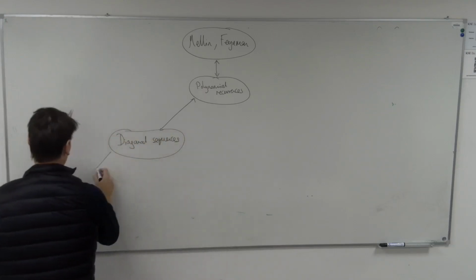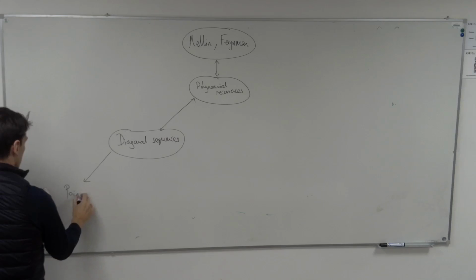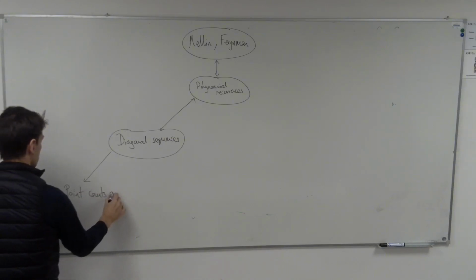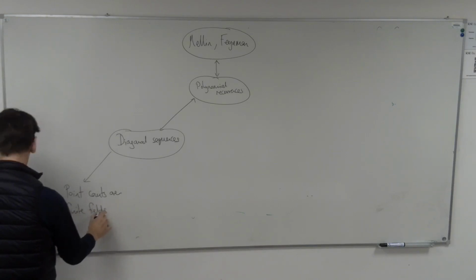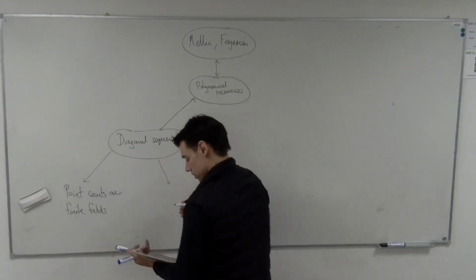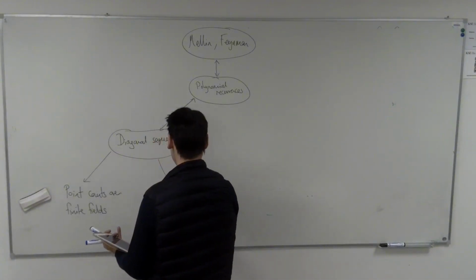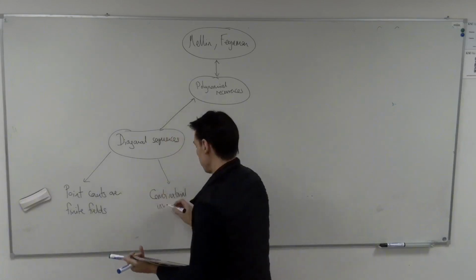And the diagonal sequences were related to lots of arithmetic in number theory, like point counts over finite fields. But in the case of graphs, they also gave lots of interesting combinatorial invariants for free, like the Martin invariant. But there's several others which I didn't mention.